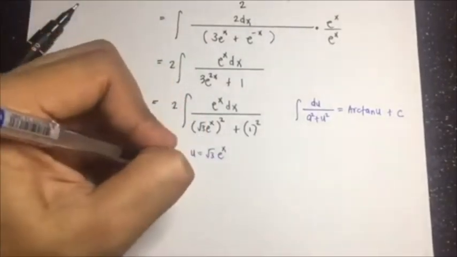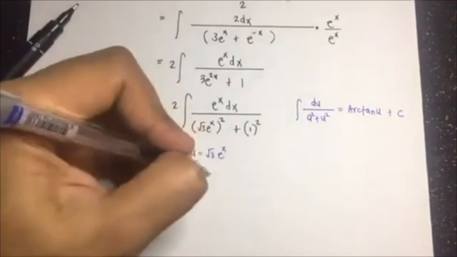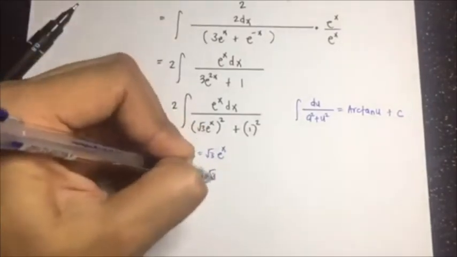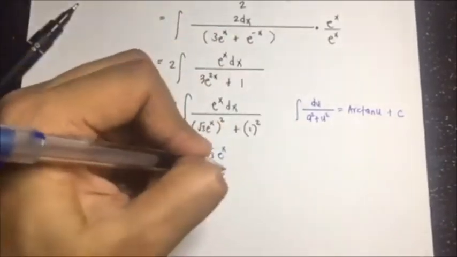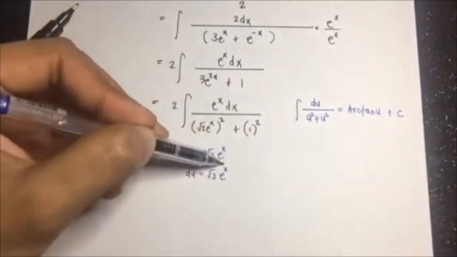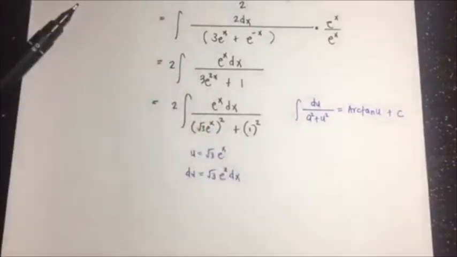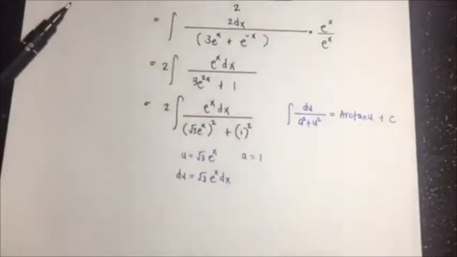So our du would be square root of 3, and then the differential of e raised to x is e raised to x, and then multiply by the differential of the exponent, so dx. Okay, and obviously our a here is 1.